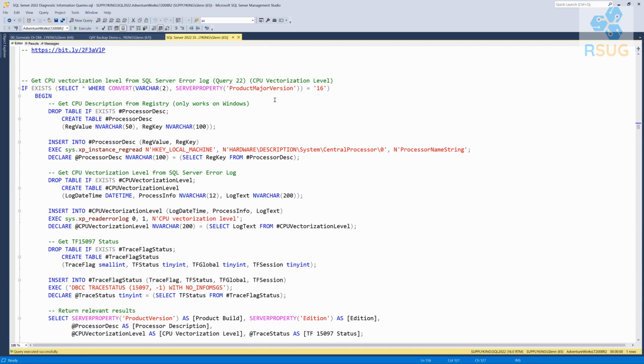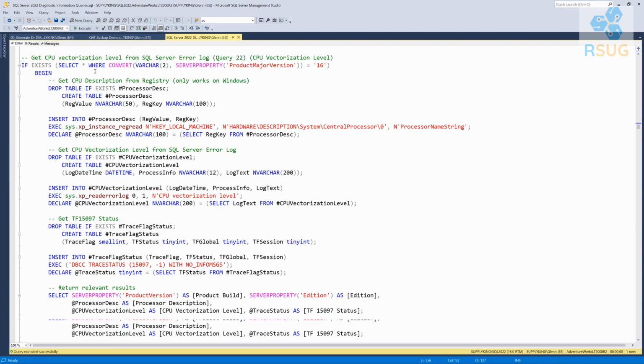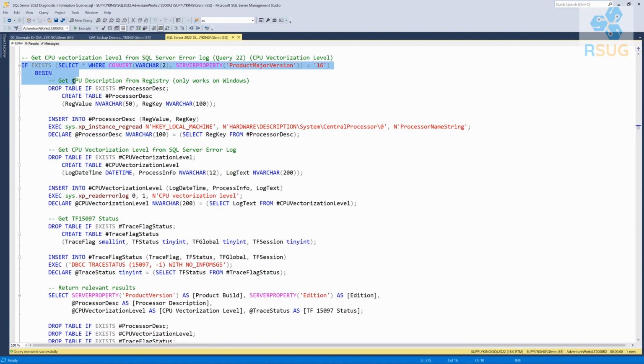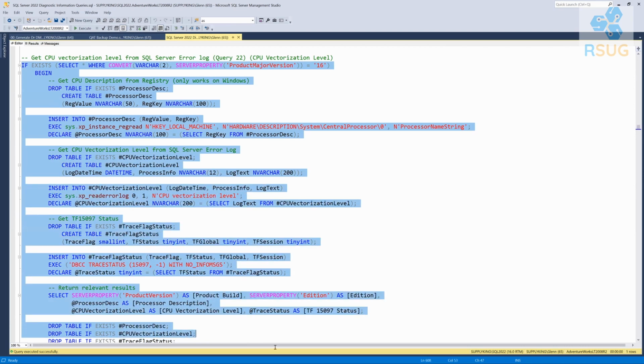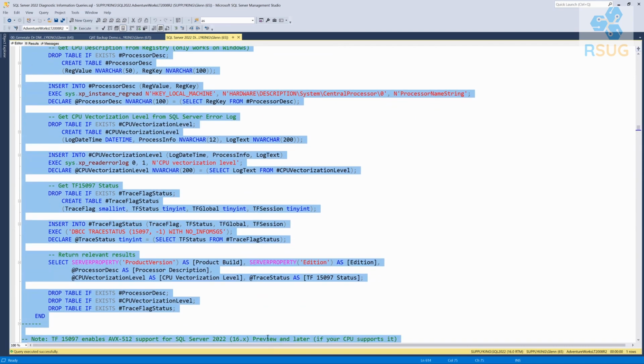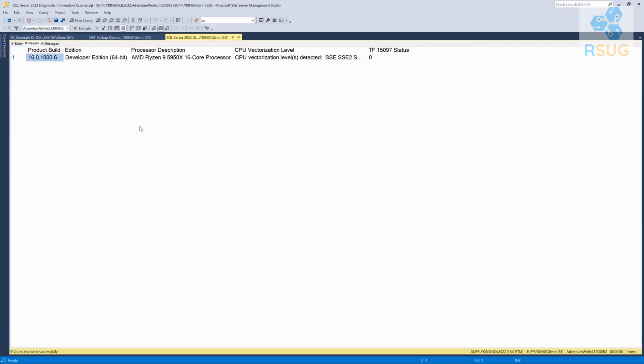So here's a new one for SQL Server 2022. They added support for AVX 512. And this query that I put together helps you understand what's going on with that on your machine. So when I run it, it tells me what build I'm on and what edition, because AVX 512 support only works on Enterprise Edition.